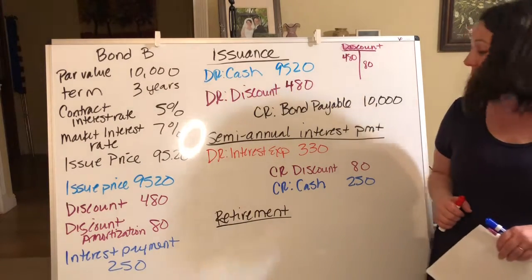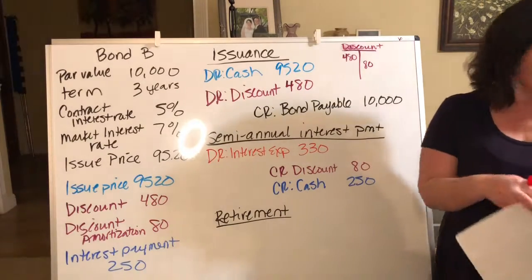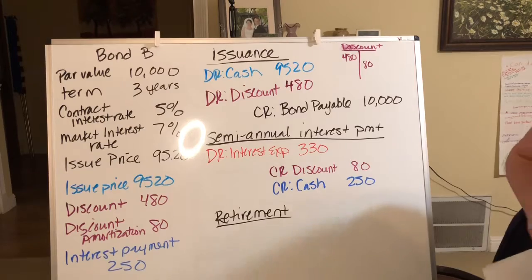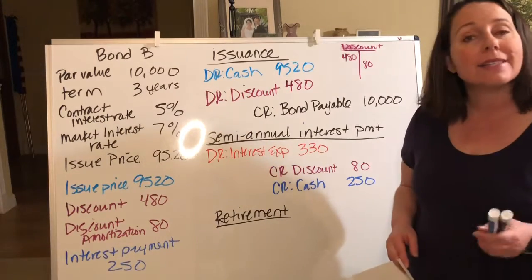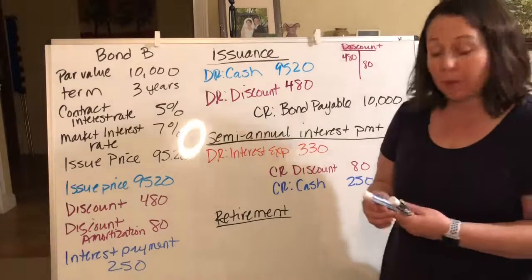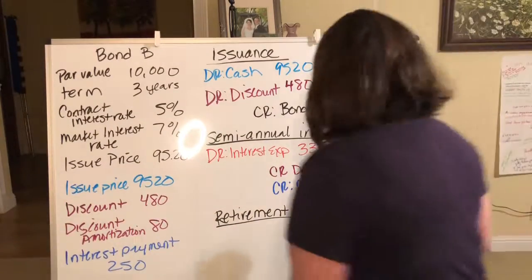All right, finally, we're going to retire it. You probably remember I said when we retire our bonds, it's the same journal entry every time. We're going to debit bond payable for par value.